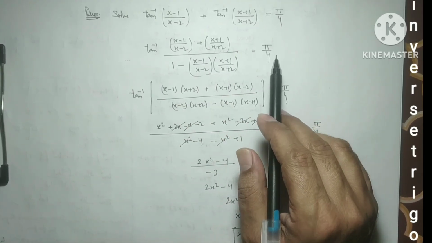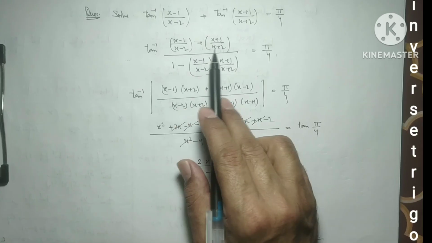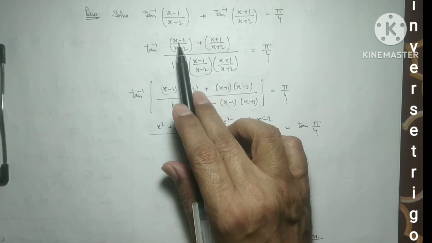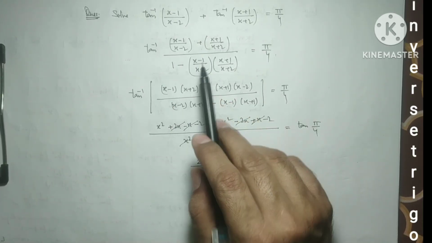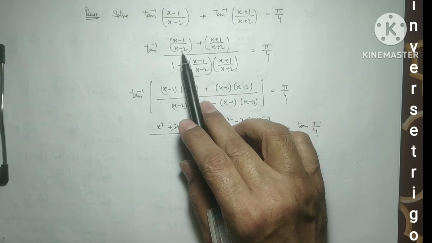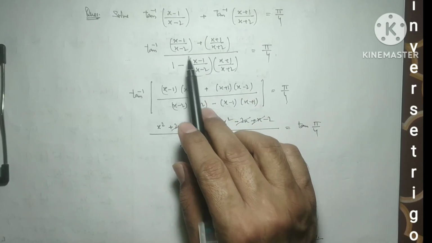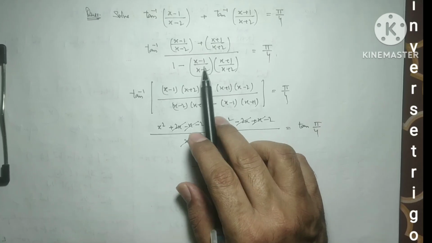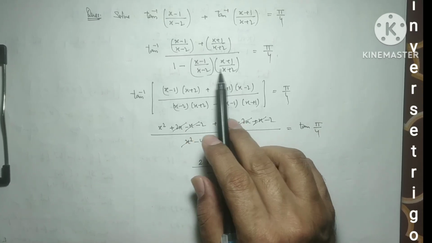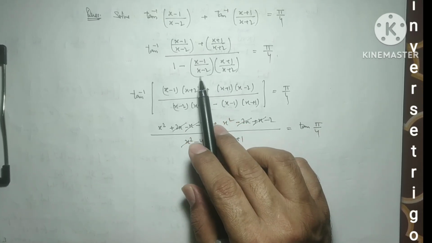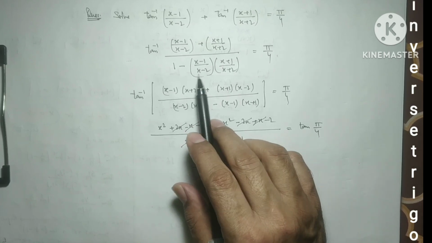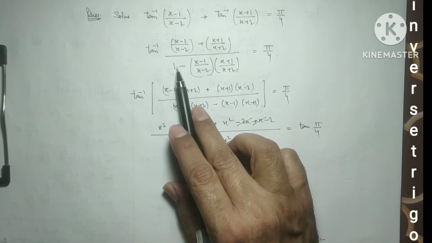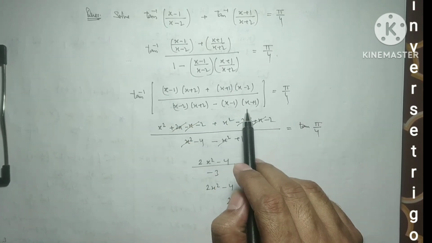It means on taking the LCM we get x minus 1 into x plus 2 and x plus 1 into x minus 2, and the LCM is x minus 2 and x plus 2. Again in the denominator the same LCM, so we can cancel out the LCM and we get x minus 2 into x plus 2 minus this one.